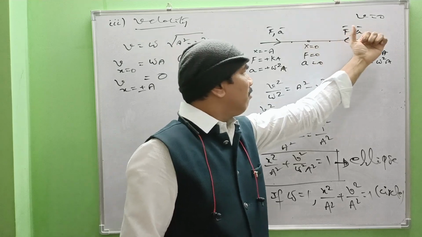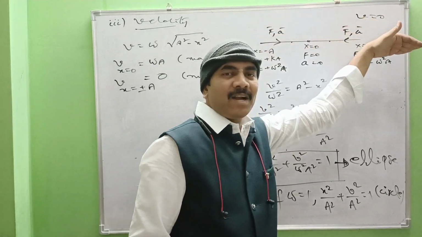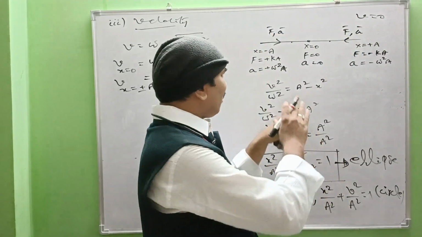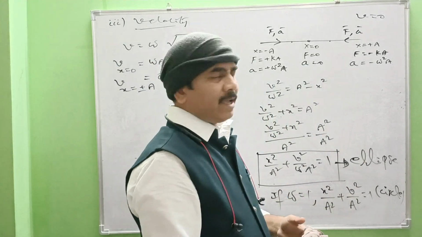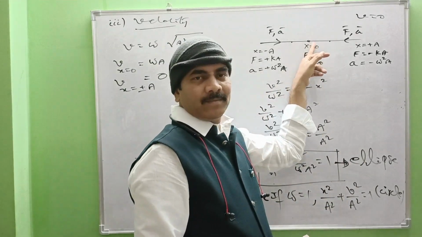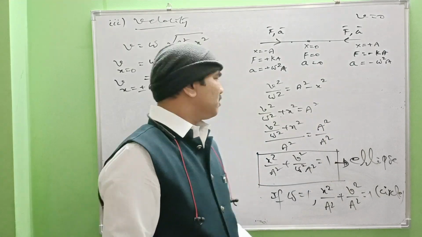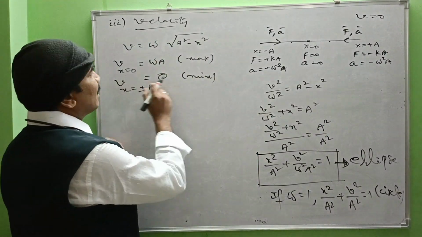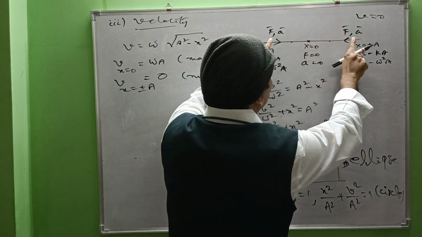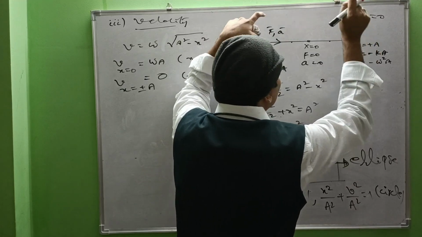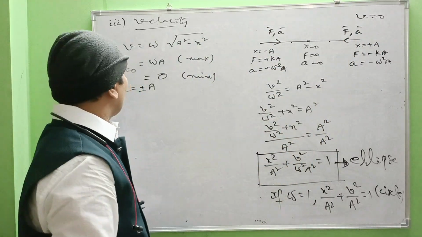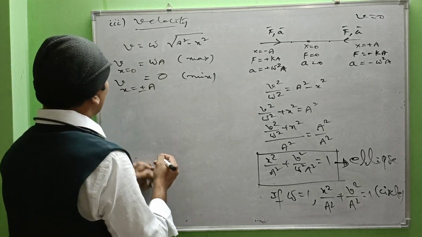Here also, the force is leftwards, but the direction of motion is rightwards. Therefore, when it moves to either side of the mean position, the particle is under retardation. So speed gradually decreases and becomes 0 when it reaches the extreme position. Am I right?